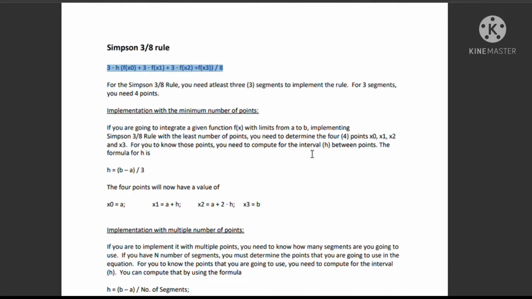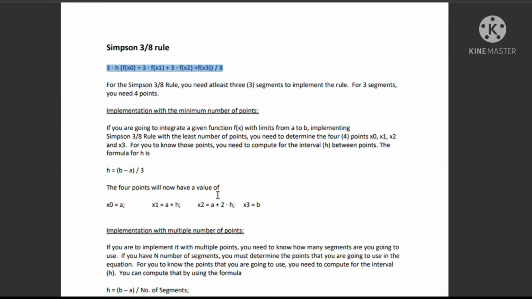The formula for h is equal to b minus a divided by 3. The 4 points will now have values of x0 equals a, x1 equals a plus h, x2 equals a plus 2 times h, and x3 equals b.